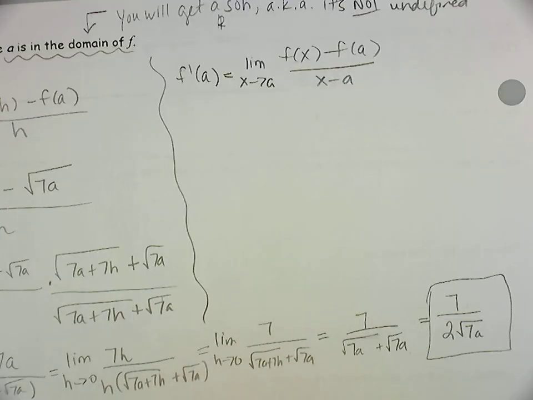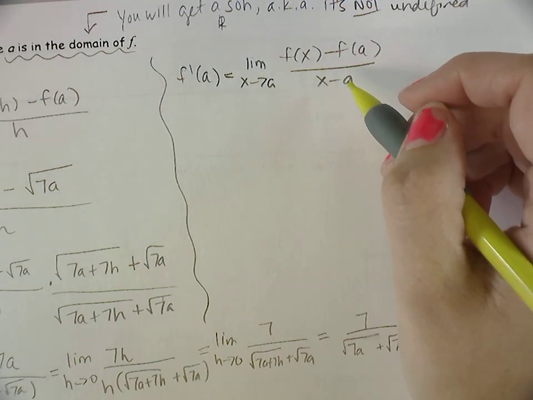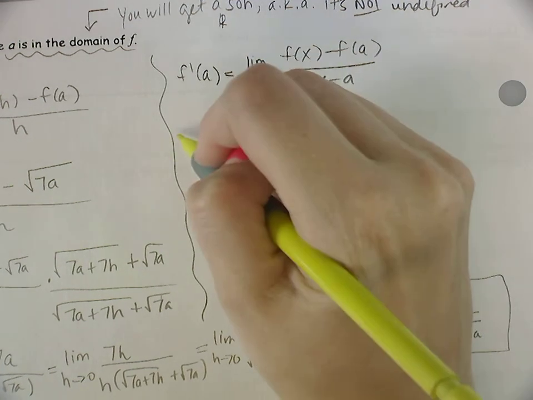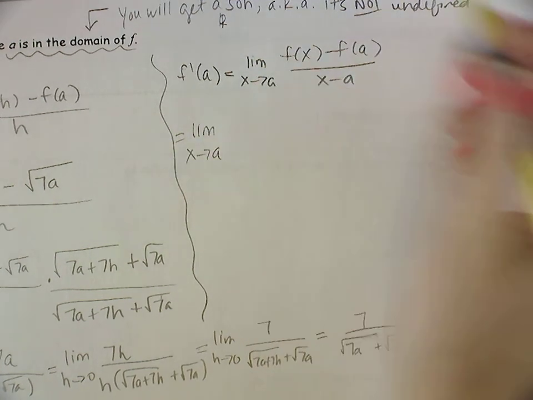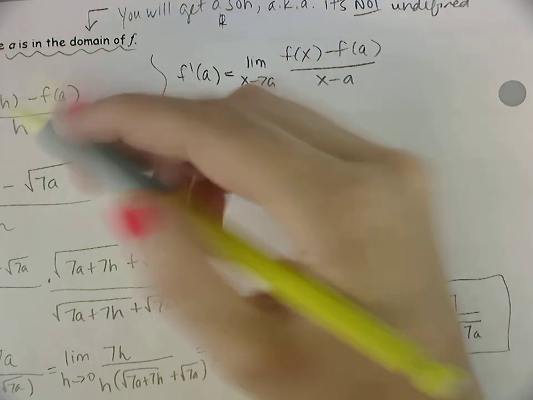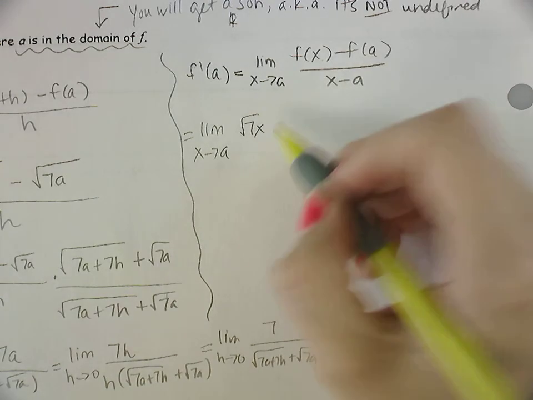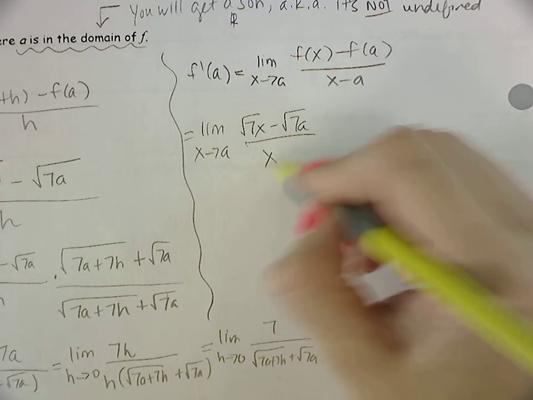So I'm going to find my f of x and then my f of a. So the limit as x goes to a, so a is just any value, f of x is still the square root of 7x. F of a would be the square root of 7a over x minus a.